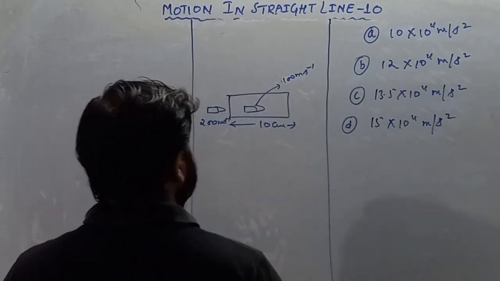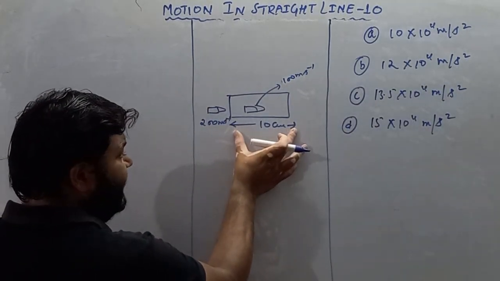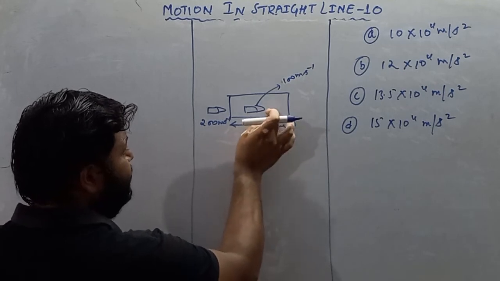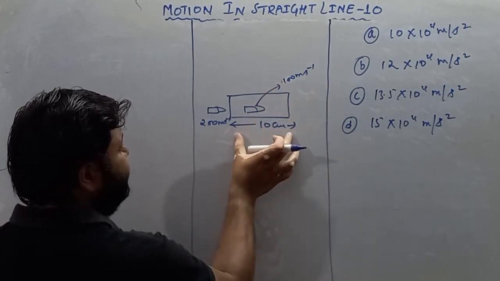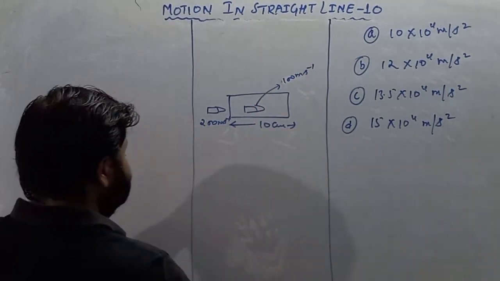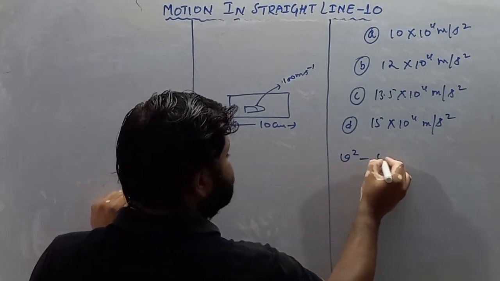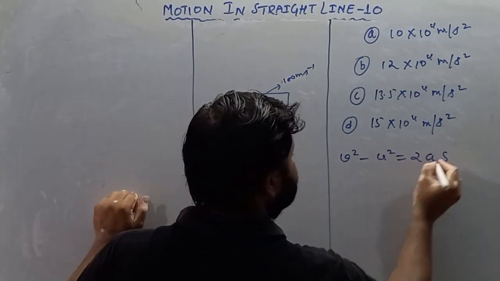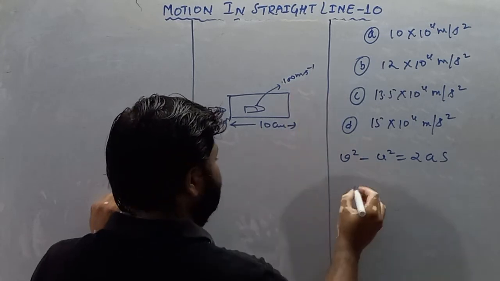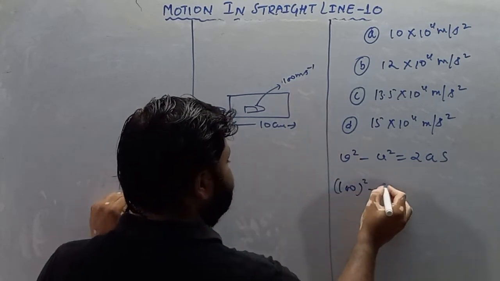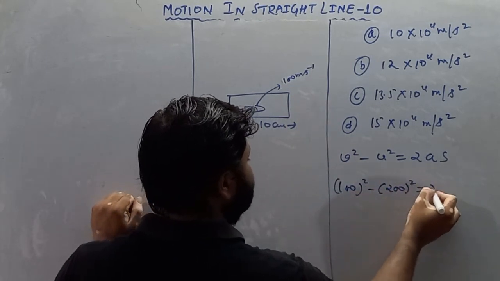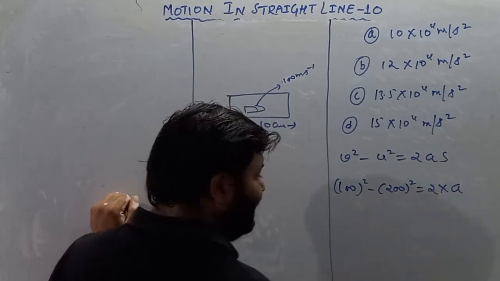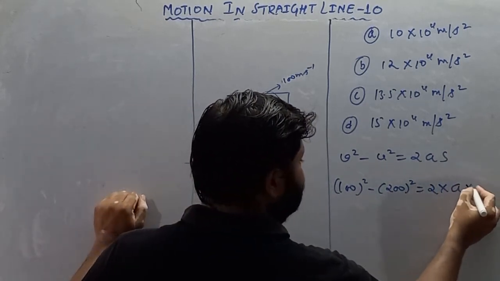Now see, the distance traveled by the bullet with speed 100 meter per second is 10 centimeter. So distance is given. We'll use the equation v square minus u square is equal to 2as. So final velocity is 100. So 100 square minus 200 square is equal to 2 into a, retardation, into s.